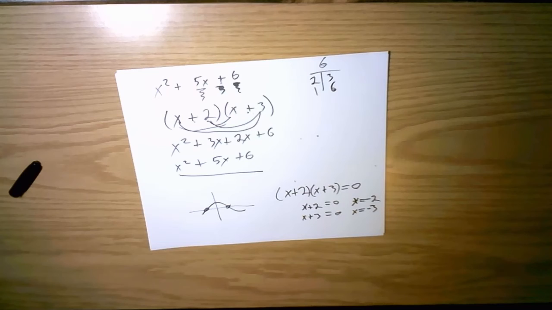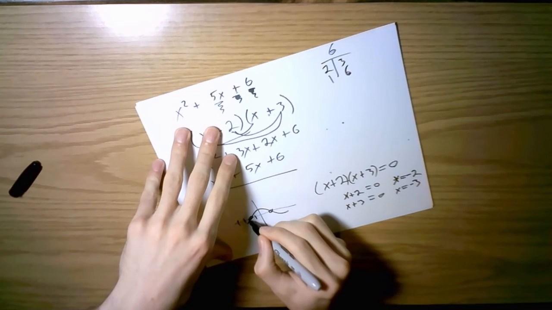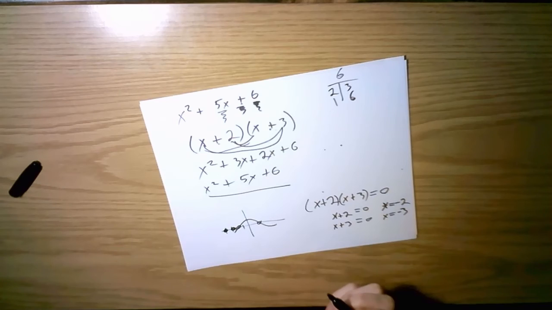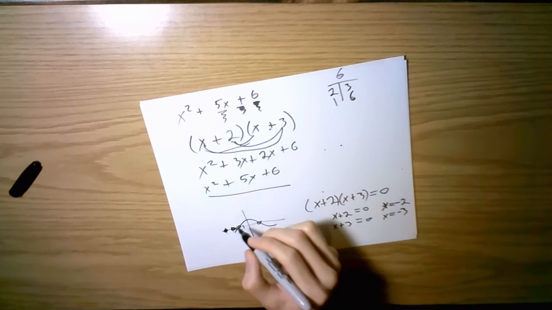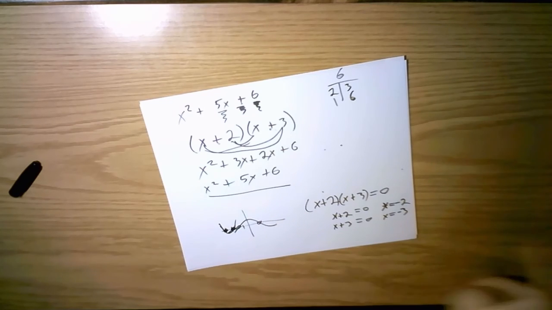That is how we can use factoring to find the zeros. So it's going to cross 0 at -2 and -3. It probably looks something like that. That's a good application of factoring.